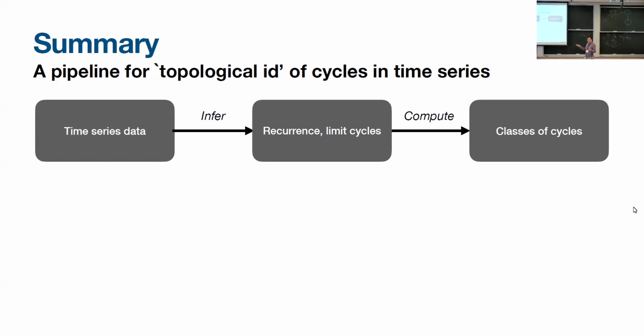We've presented a means to go from the data to an actual ID of that limit cycle that classifies it according to the topology of the underlying manifold. We do that using this technology in algebraic topology called universal covering spaces. Basically, we work with lifting these paths up to a space where topology is simpler, and we can think of things in terms of symmetries.